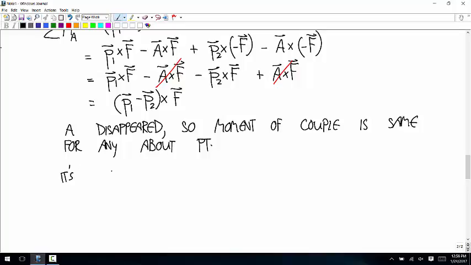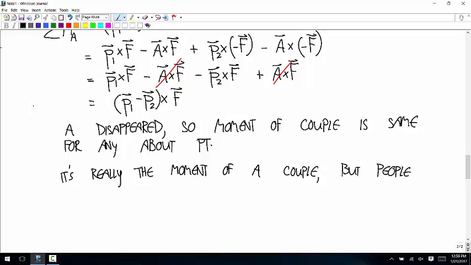One more thing about this. It's really the moment of a couple, but people usually just call it a couple, referring to the moment.